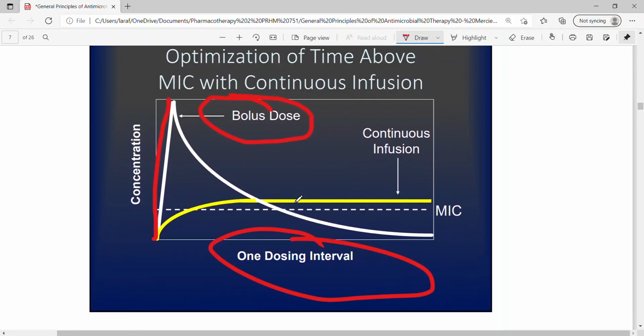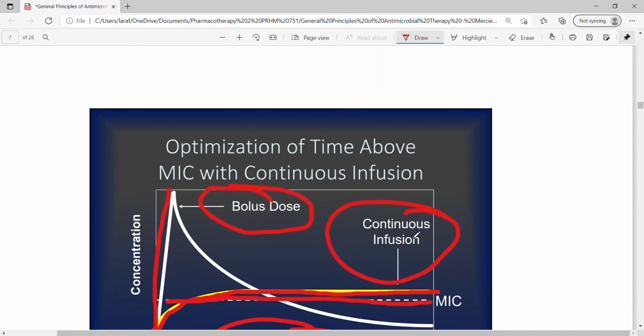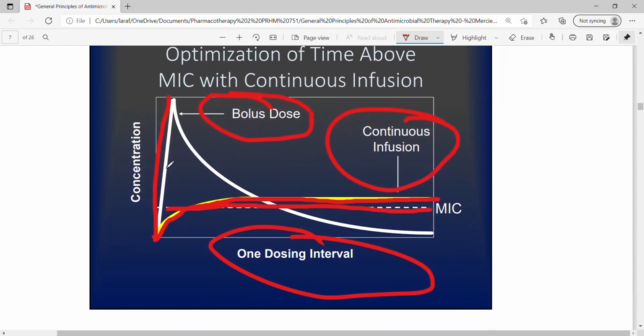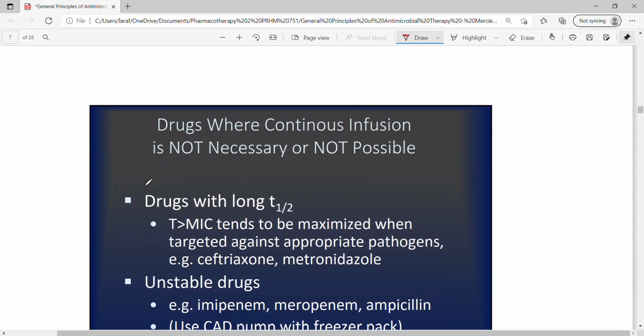But when you do continuous infusion, you can see this is the MIC right here. So you give it as an IV infusion, and then you infuse it over time. It keeps on, you keep it on, and you keep it here continuously. And so you maximize or optimize the time above this MIC with continuous infusion, and that's the goal.